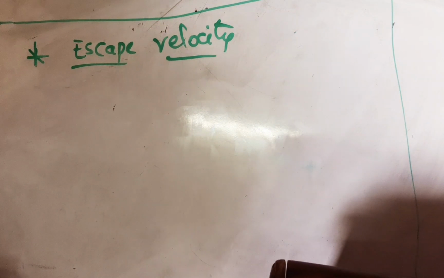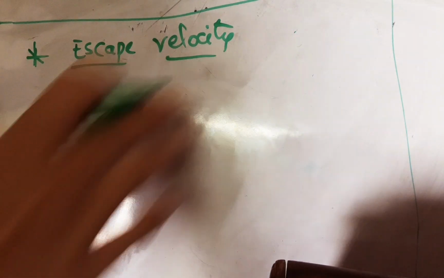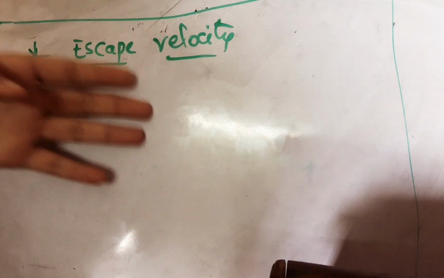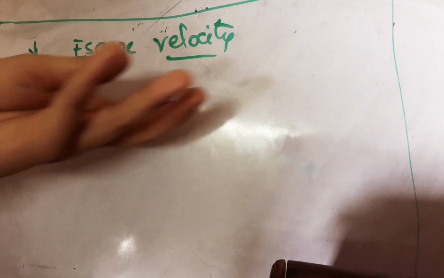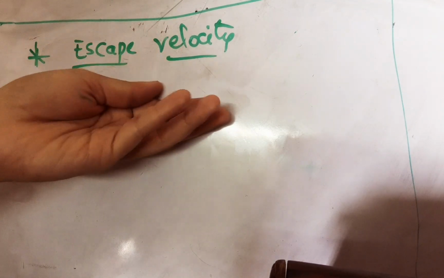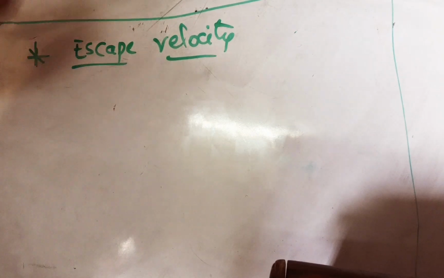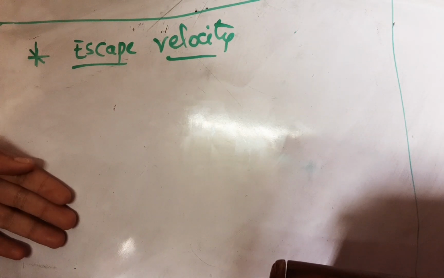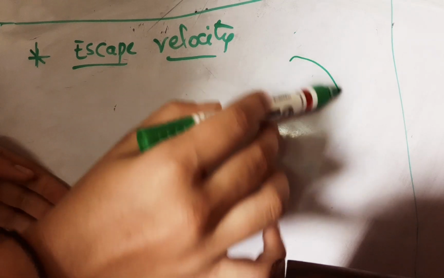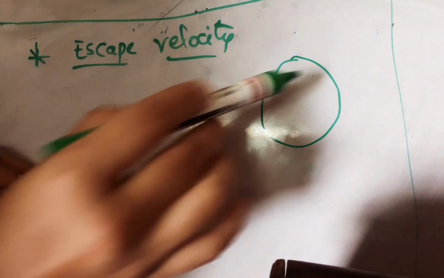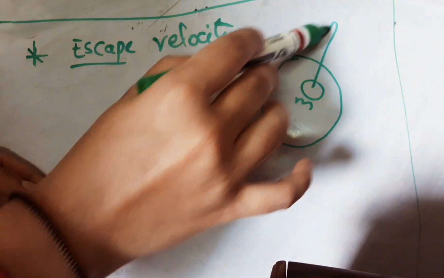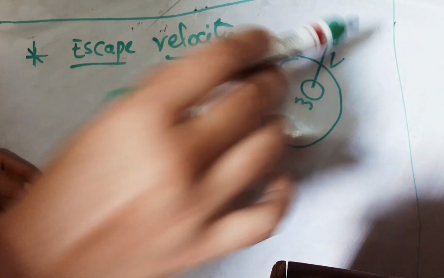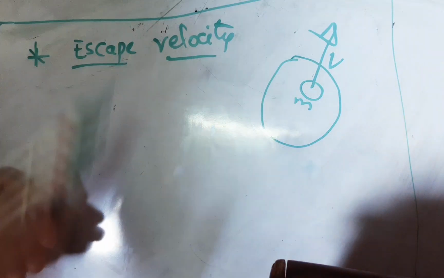What does escape velocity mean? From its name we can find the definition: it is the velocity needed for a body to escape from the gravitational field. Suppose on the earth, in its gravitational field, you want to throw a small mass m with some velocity so that it will never return to the earth.